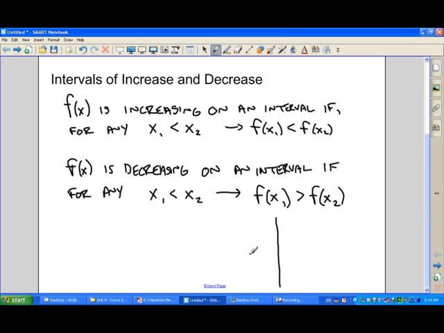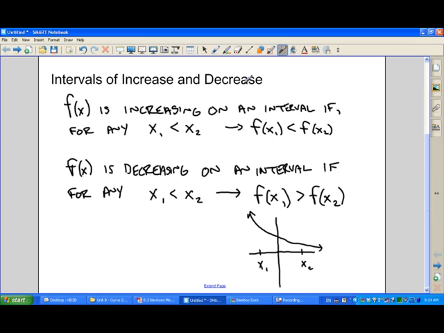Again, if I want to show a diagram of that, I could have my value x1, my value x2, and my function could be looking something like that. And when I evaluate f of x1 and I evaluate f of x2, I can see that f of x1 is greater than f of x2.